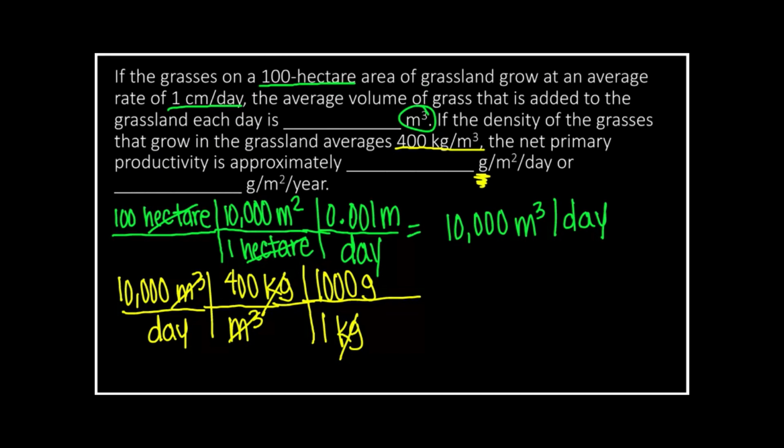And then we're going to multiply this by the area of this 100 hectare area or whatever, because we want to know for that area. So I did the math earlier, and this was 1,000,000 meters squared, just so we don't have to do those conversions again.